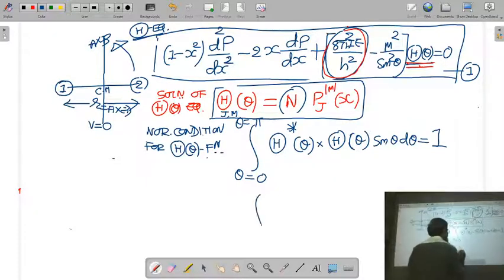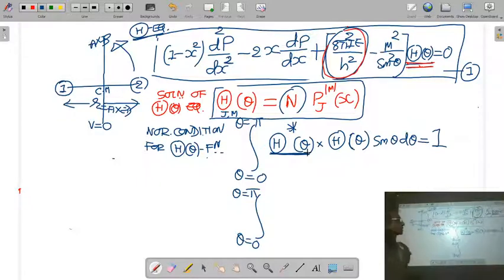So you can write it as the integral from 0 to pi. Now Theta star is the complex conjugate of the theta function. When we take the complex conjugate, plus i is replaced by minus i. But this is a real function, there is no imaginary number, so the complex conjugate will remain the same.